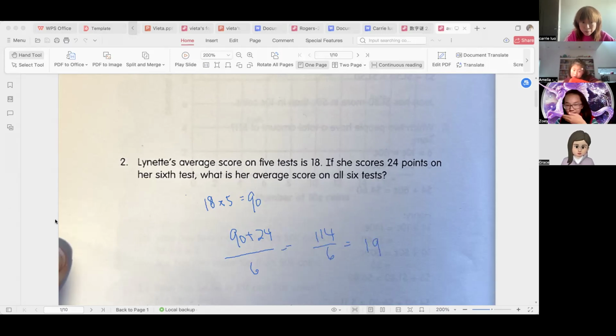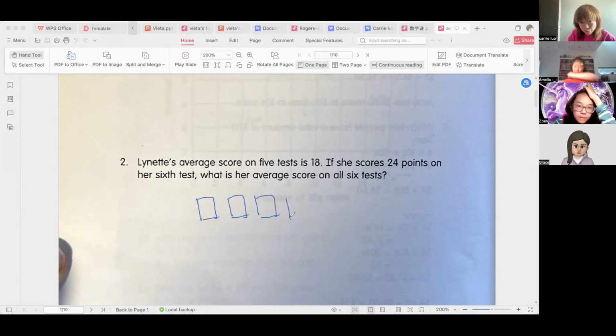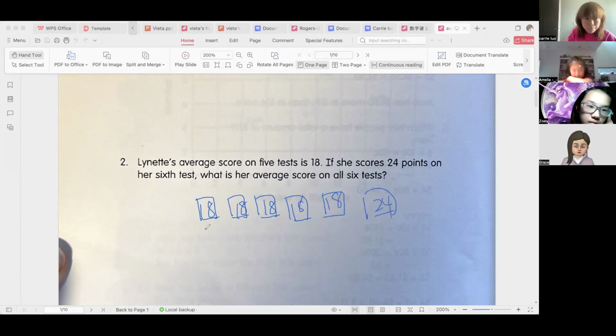Okay, so do we have any quicker way to do that? Of course. When we have the 5 scores, the average is 18. Can we say that every single one is 18? Yes, we can do that, right? Because average score means in total they're 18. So if the last one is 24, in order to make them the same, I want to make the 24 into 18 as well.